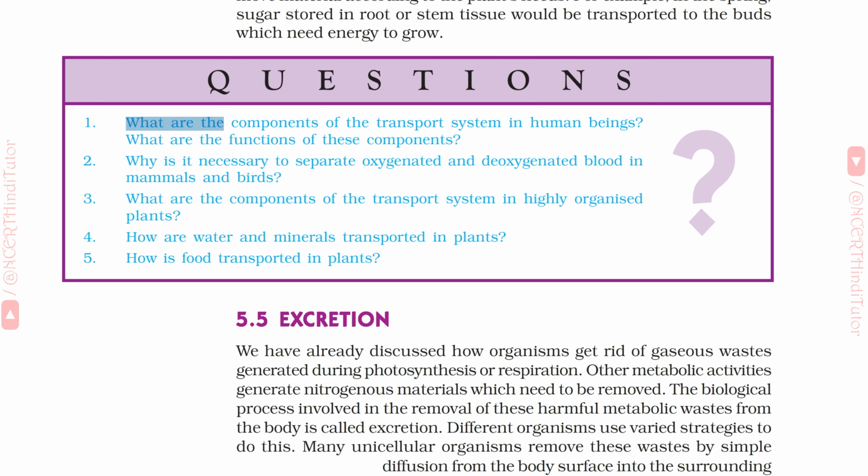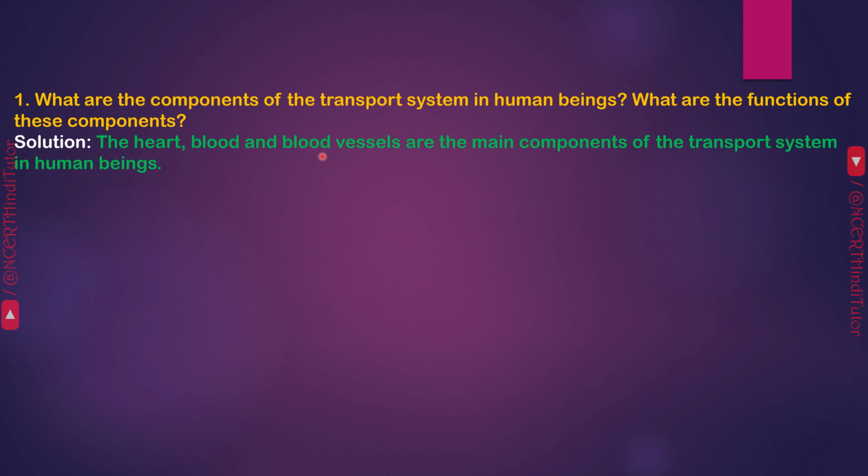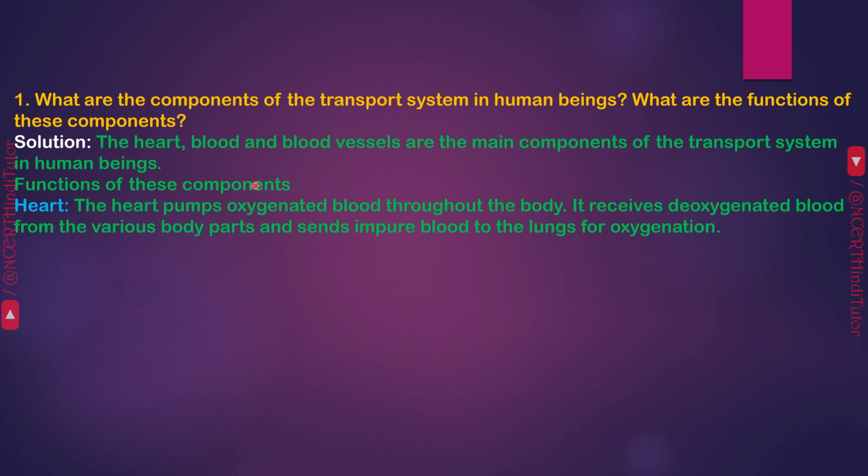Question 1. What are the components of the transport system in human beings? What are the functions of these components? Answer. The heart, blood and blood vessels are the main components of the transport system in human beings. Functions of these components. First, heart. The heart pumps oxygenated blood throughout the body.